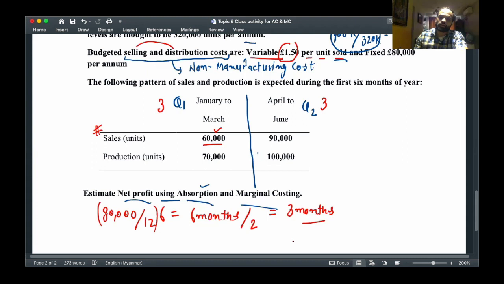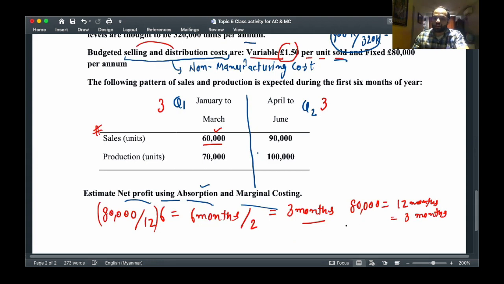All right. So 80,000 for 12 months is per year. We just need 3 months because first quarter is January, February, March. So 1 quarter, 3 months, right?